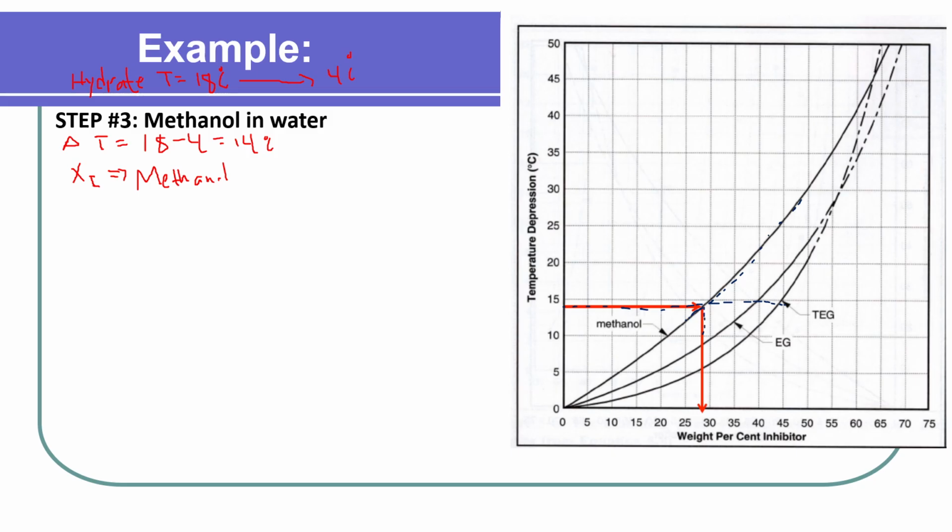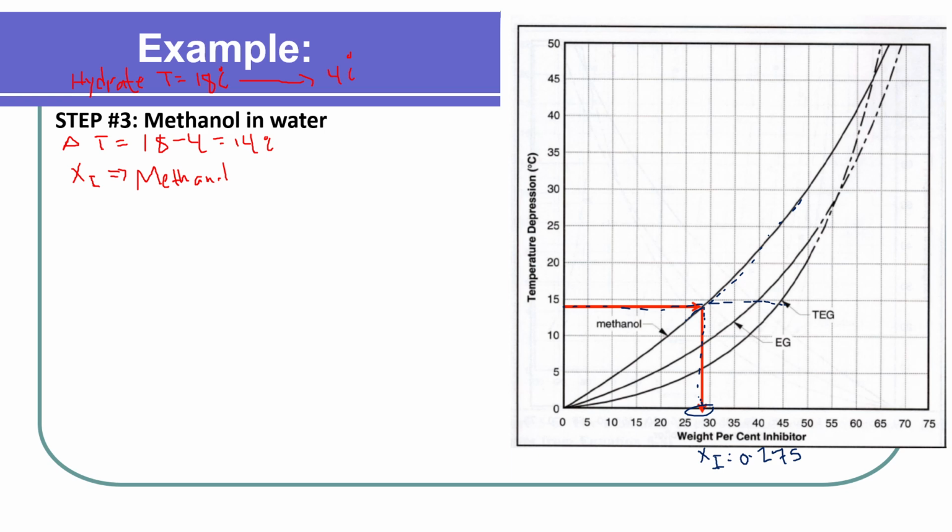I can simply go all the way down, and from the graph I find that Xi, the weight fraction, will be approximately between 0.25 or 25% and 30%, close to 30%, so around 0.27 or 0.28 approximately. So this is how we calculate from the graph.